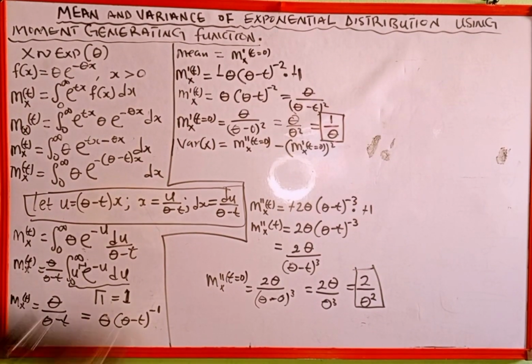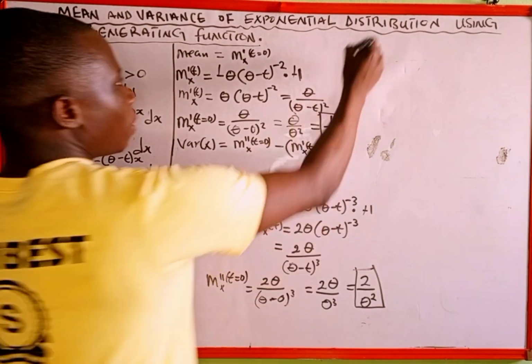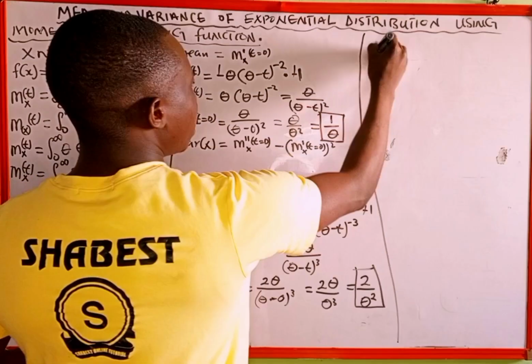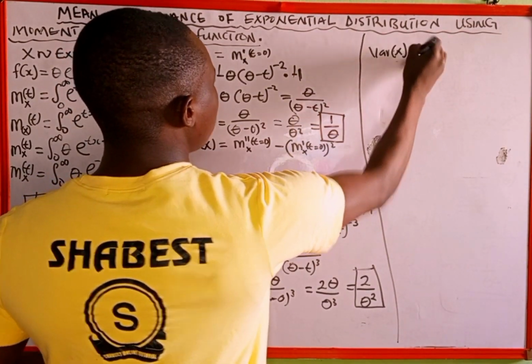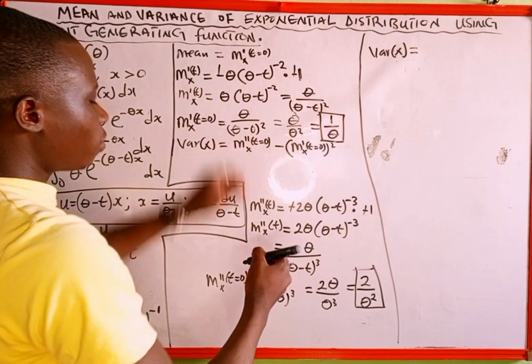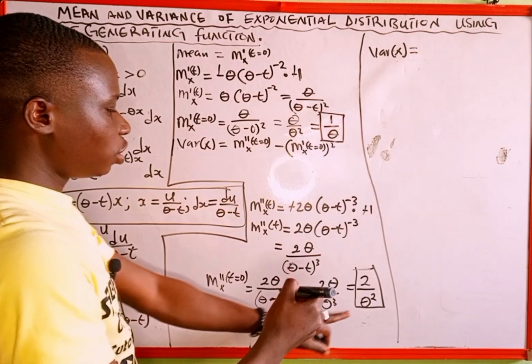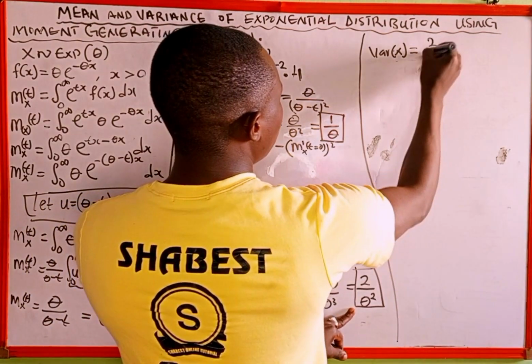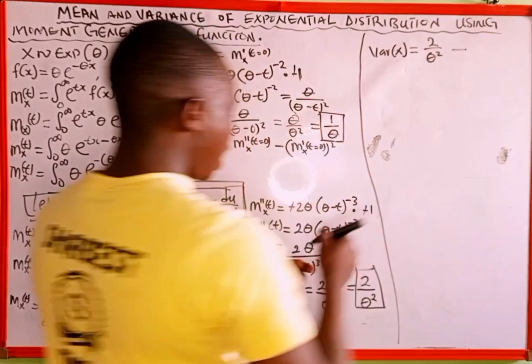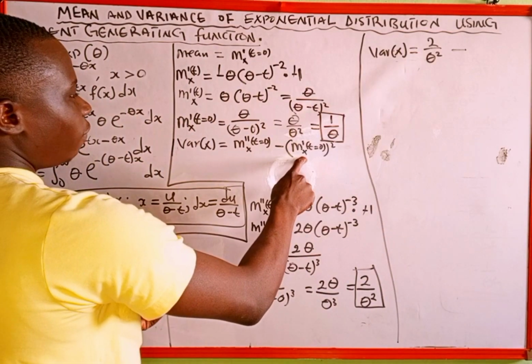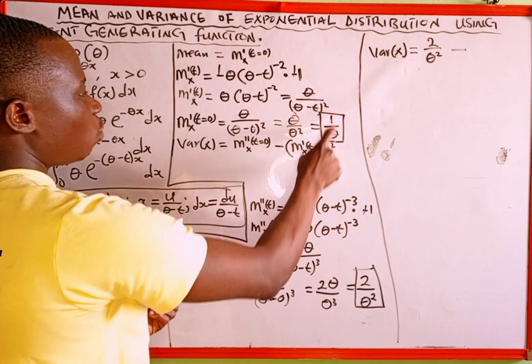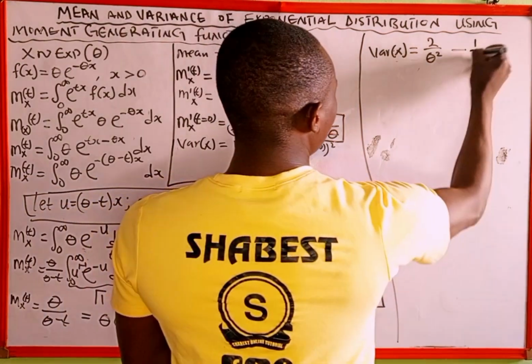Now we're going to substitute back into this variance formula. So therefore, variance of x now will be equal to M at second derivative at t is equal to 0, the same as 2 all over theta square, minus M at first derivative at t is equal to 0 is 1 all over theta.